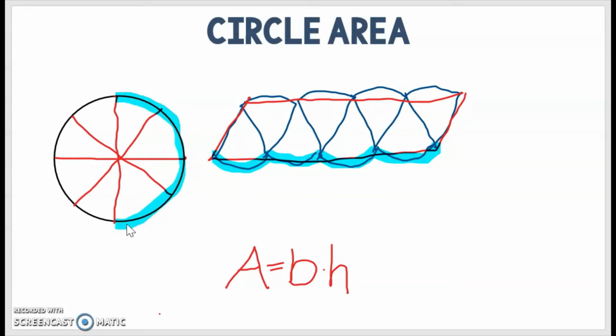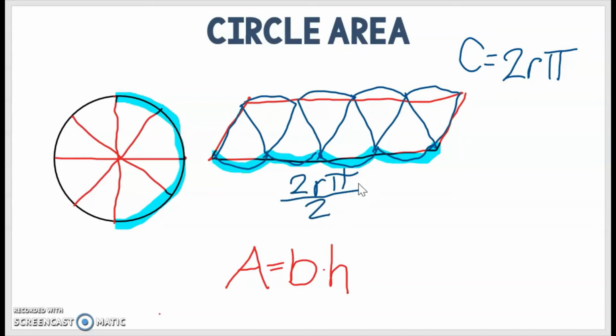You may notice that these 4 sections are half of the circumference of the circle. The circumference of a circle, you should know, is 2 times the radius of the circle times pi, right? So this isn't the entire circumference, it's just half of it. So the length of this base is going to be 2 times the radius times pi, and we're going to divide that by 2 since it's just half of it.